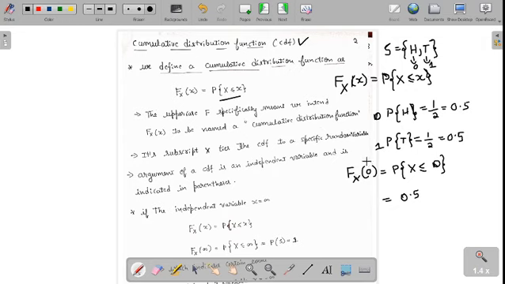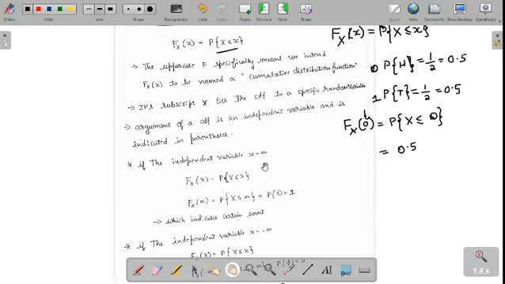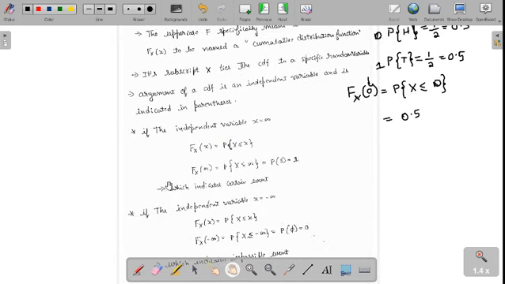Next, X here took the value 0 and the other value 1. But instead of X equal to 0 or 1, if the value of X was taken as infinity, then it is equal to the probability of X less than or equal to infinity.